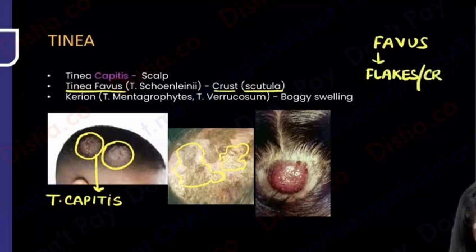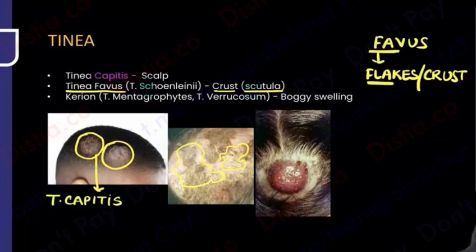So that is how I have learnt it, that favus is the one that is going to cause all the flaky things, the crusting things known as scutula, and S for scutula or SC for scutula, SC for Schonleinii. Exactly which trichophyton causes it? Trichophyton schoenleinii causes it. So remember, SC for scutula, and SC for Schonleinii.